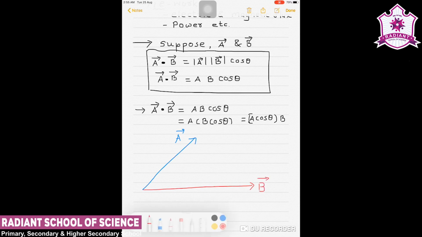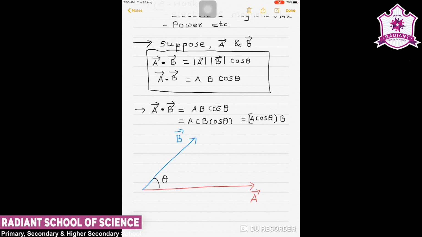Or vice versa. If I go with the textbook, then I can write here this is vector A and this is vector B. Now suppose they are having angle theta in between them.